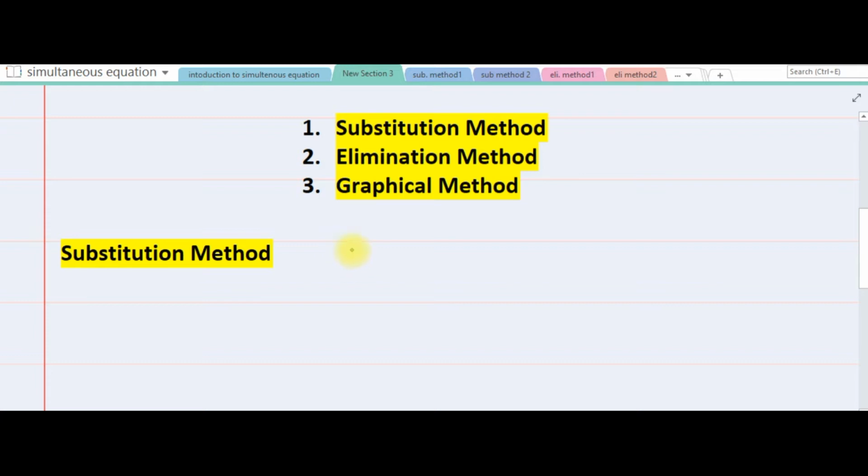For example, if you have x minus 2y equals 1 and x plus y equals 2, we can solve it easily using the substitution method because the coefficient of x is 1.